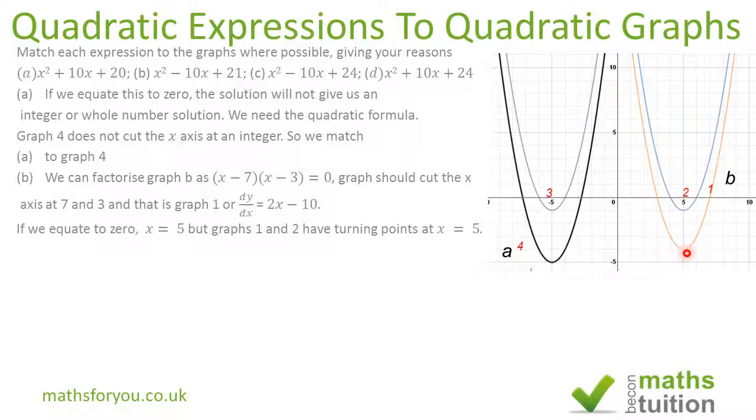But we have two graphs with symmetry at x equal to 5. So which is it? What we then do is substitute x equal to 5 into expression B, and we end up with y equal to minus 4. And y equal to minus 4 suggests that graph 1 belongs to expression B.